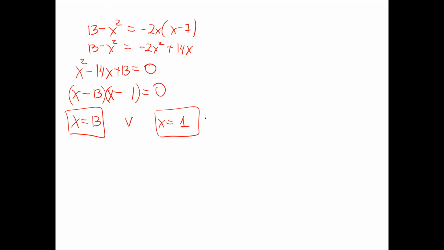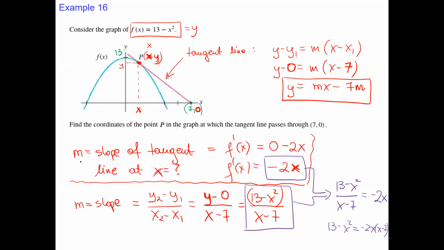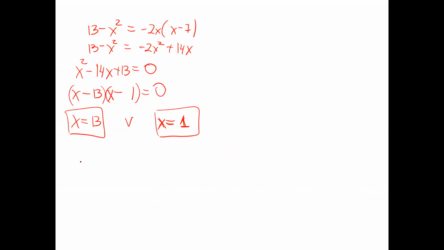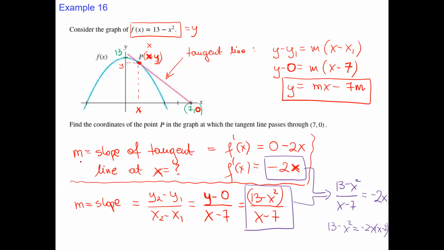That means x equals 1. Of course, 13 we will remove, because definitely the x value is between 0 and 7. That will be the reason.